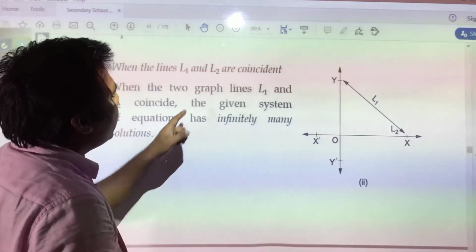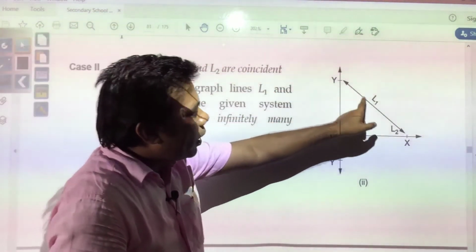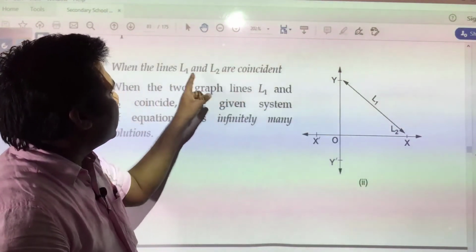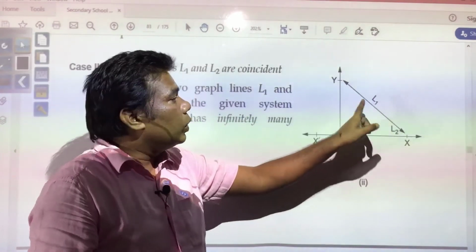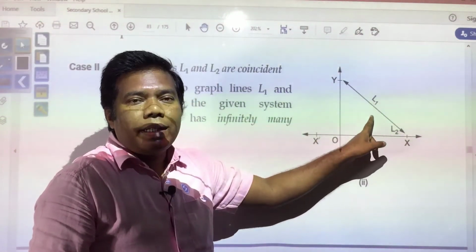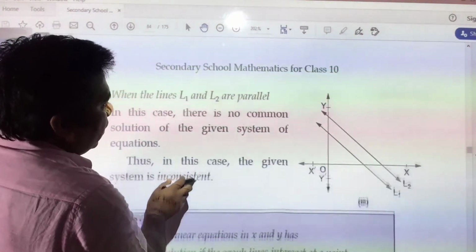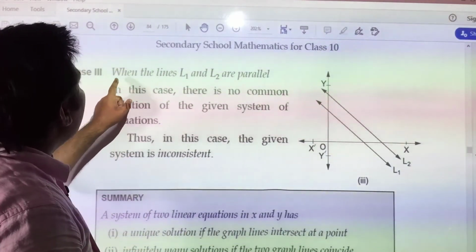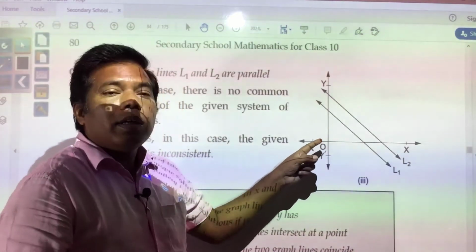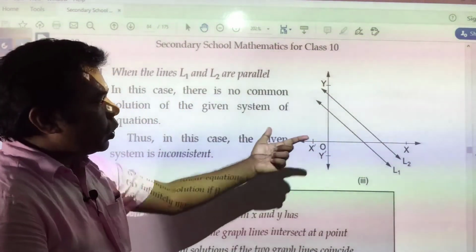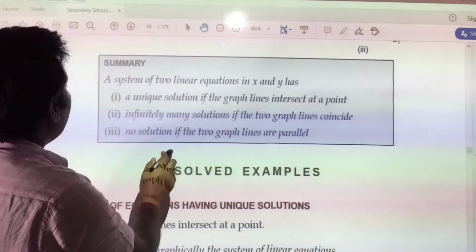If the lines overlap or are coincident, suppose L1 and L2 are coincident, in this case you have infinitely many solutions. And when the lines L1 and L2 are parallel, then you have no solutions. So, 3 things we had already discussed.